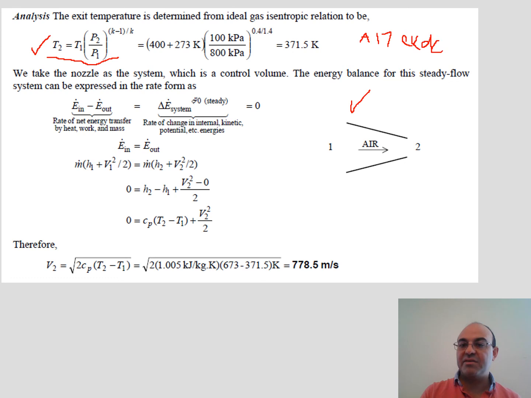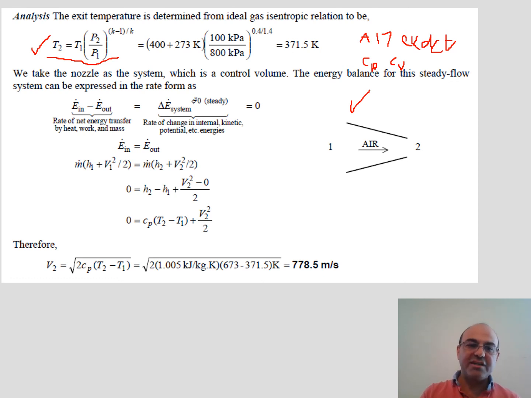I don't have the right tools here, I need to write using the mouse. Whenever you use Cp or Cv average values, then that's approximate. When you write Cv delta T for u and Cp delta T for h, that's approximate.